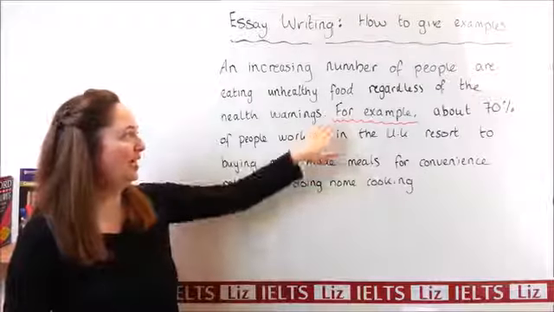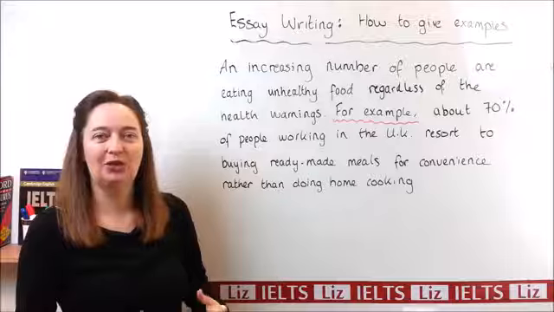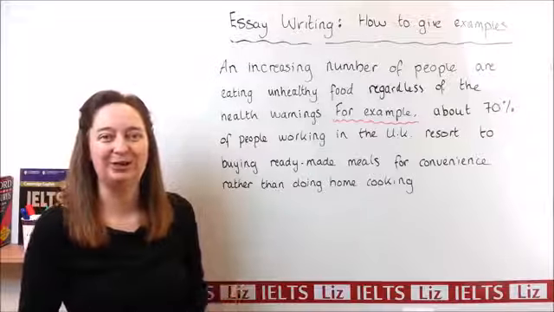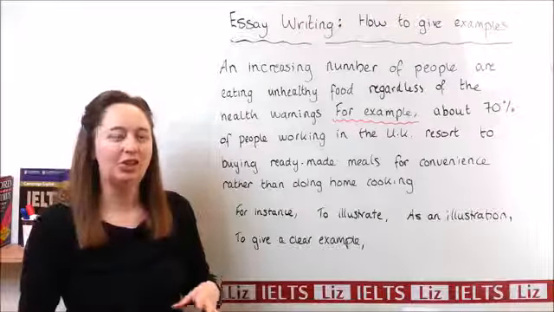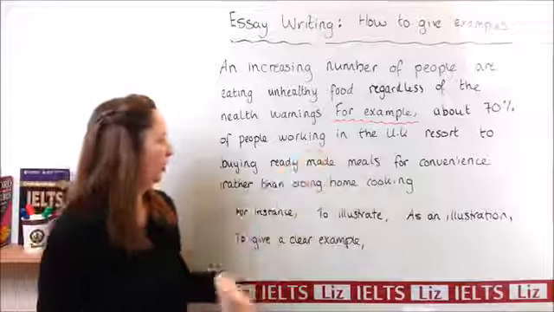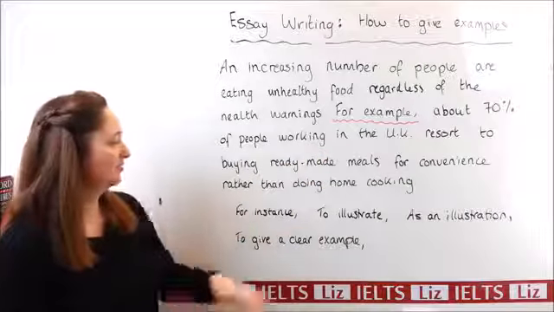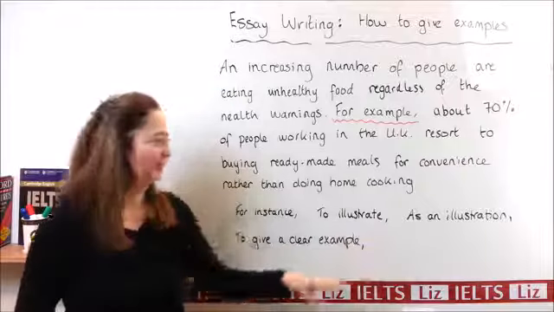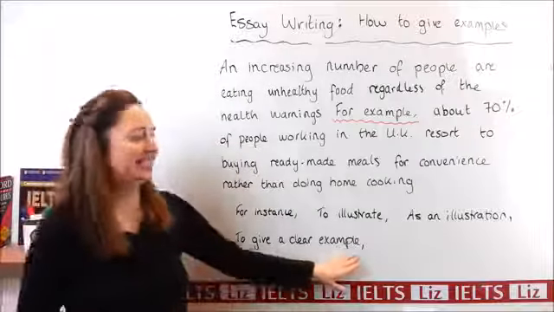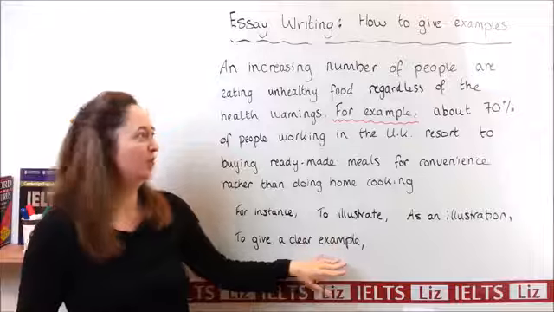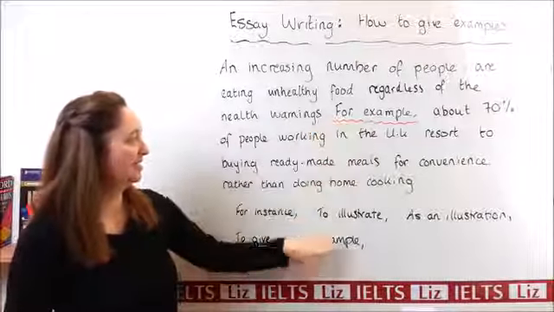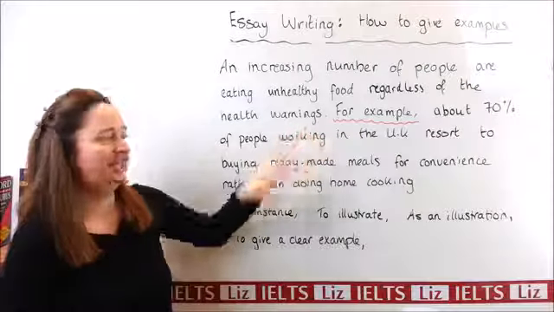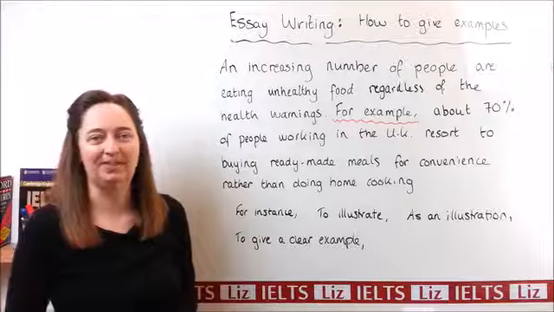Now, of course, we can change this linking device. Let me show you some varieties that you can use. If you wanted to change the words, for example, you could write for instance, to illustrate, as an illustration, to give a clear example. And these can be just put in place directly without changing any of the grammar of the sentence.